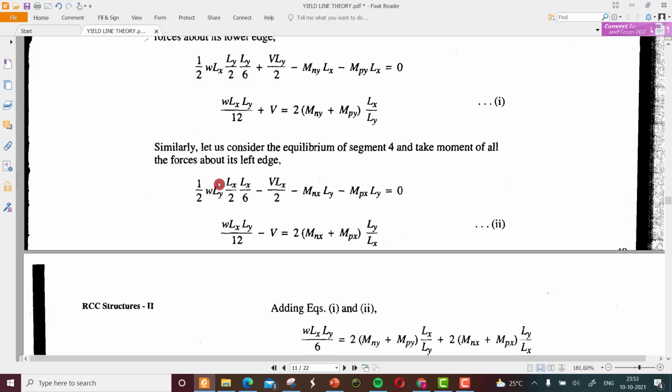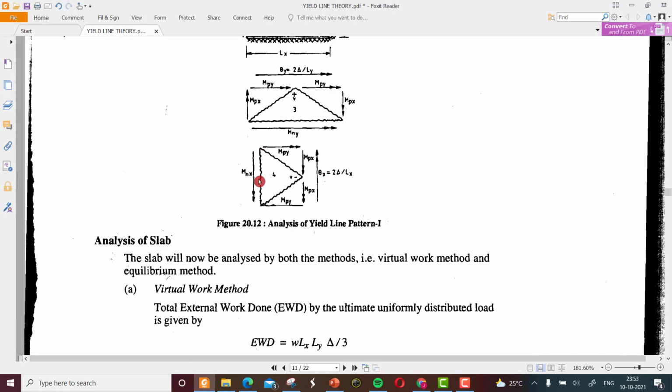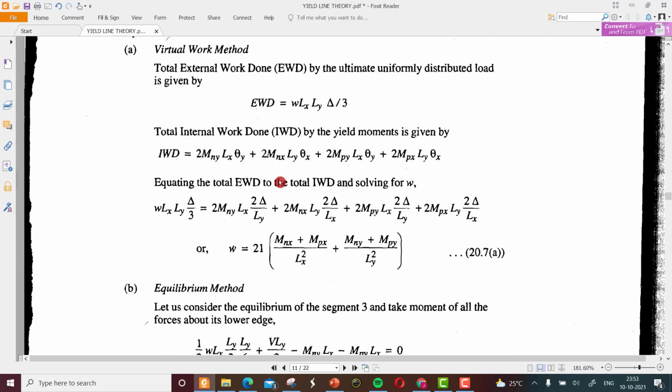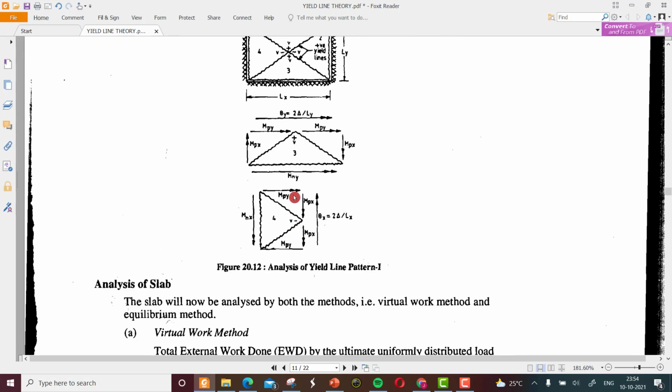Similarly, let's consider the equilibrium of segment 4 and take the moment of all the forces about this left edge. The first part is the moment due to the applied loading, then the shear force for equilibrium, and then the mnx and mpx values, and the mpy and mpx values.